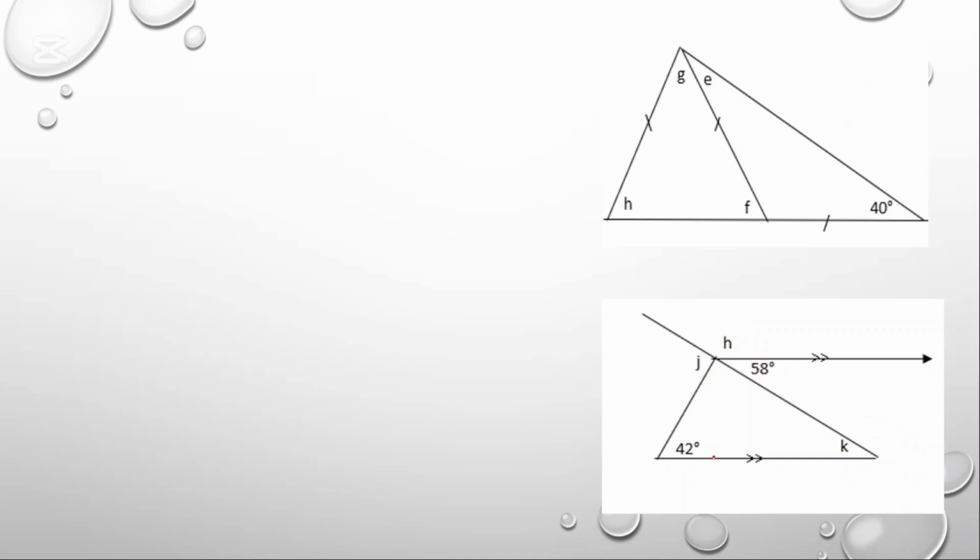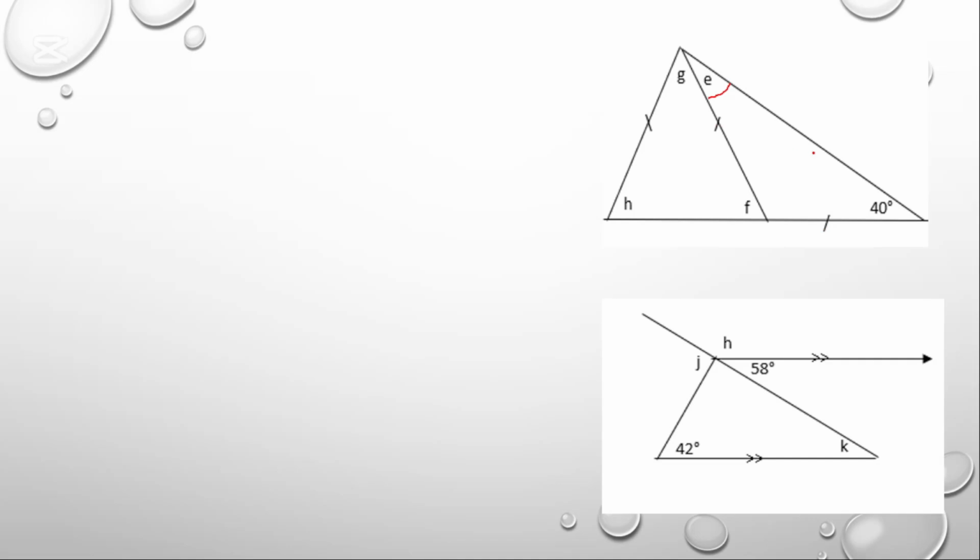Here we have isosceles triangles also. How do I know that? Sides are marked the same. So step 1, first decide which angles are equal. Opposite this side is that angle.